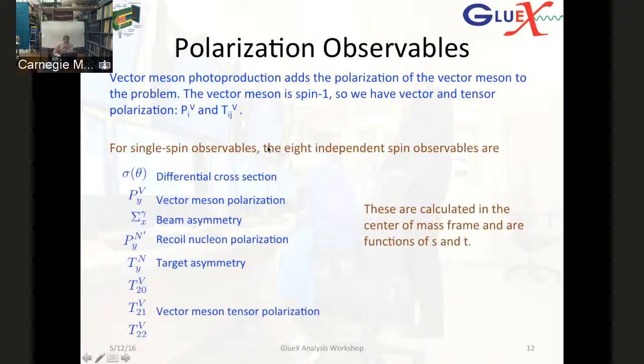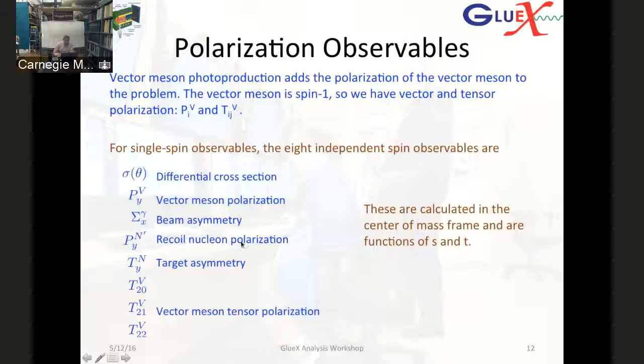Do the same sort of thing with vector mesons. They're a little more complicated because the vector meson, spin 1, is self-analyzing. You automatically get single spin observables just by producing it. There's the differential cross-section again. There is a vector meson polarization, there is a beam asymmetry. This is what we've been talking about.